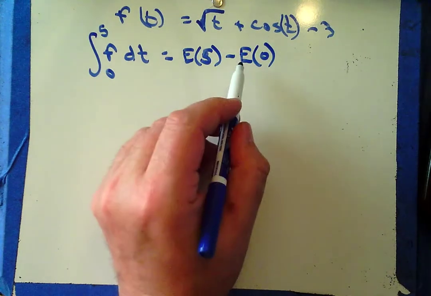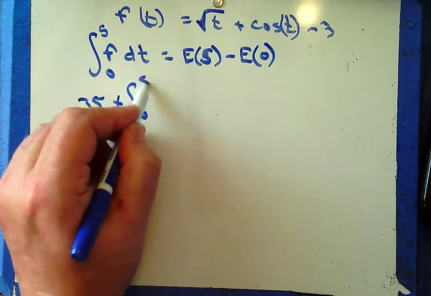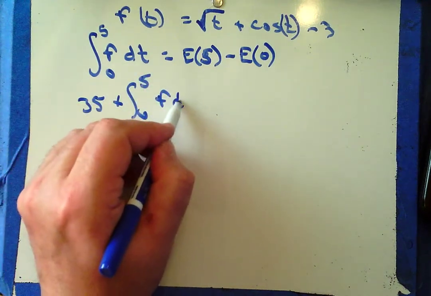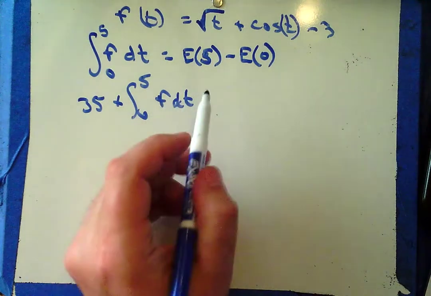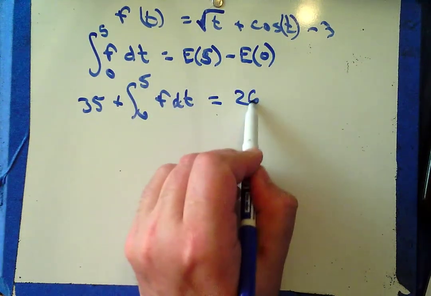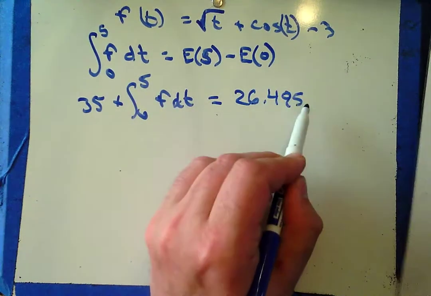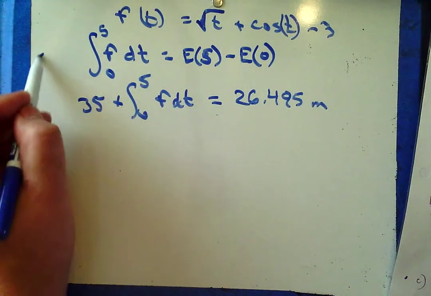We know the edge at 0 is 35, so 35 plus the integral from 0 to 5 of f of t dt. And that I get on my calculator: 26.495 meters. Okay, there's part A.